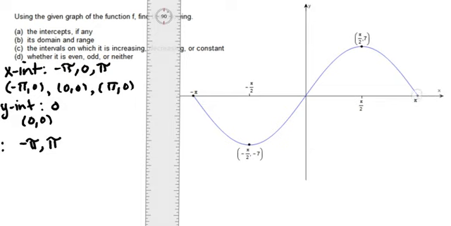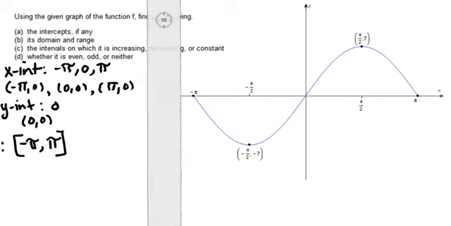Excuse me, not open, they're closed, filled-in circles. That means the endpoints are part of the domain, and we're going to use brackets to indicate that. Brackets mean those values are included. So our domain of this graph is from negative pi to pi.